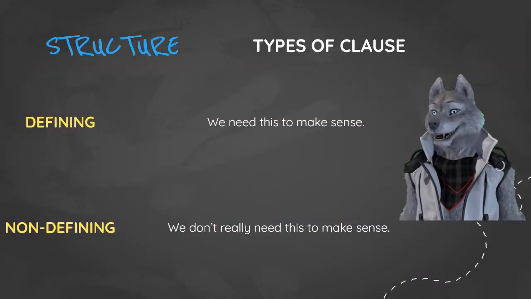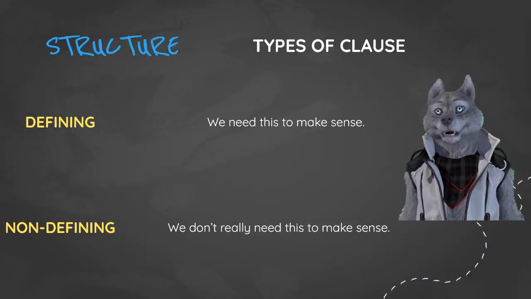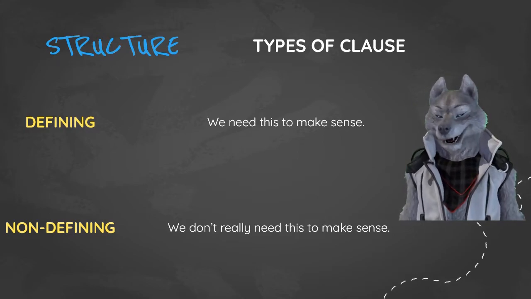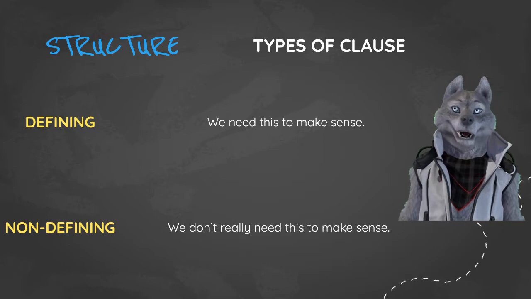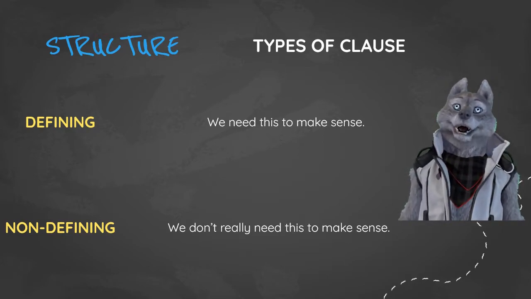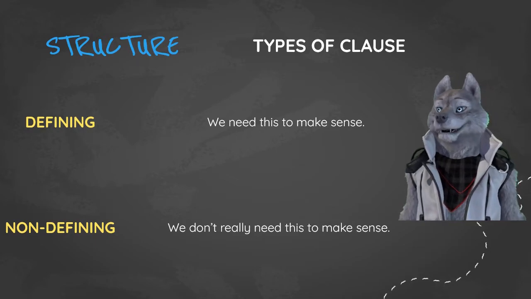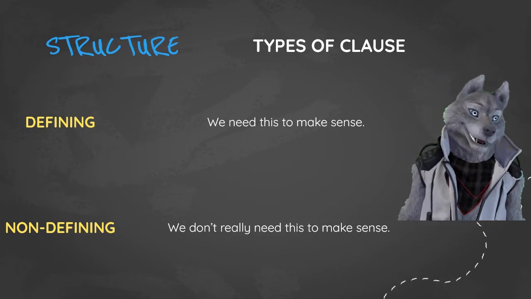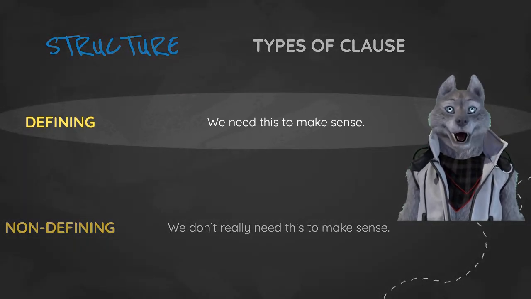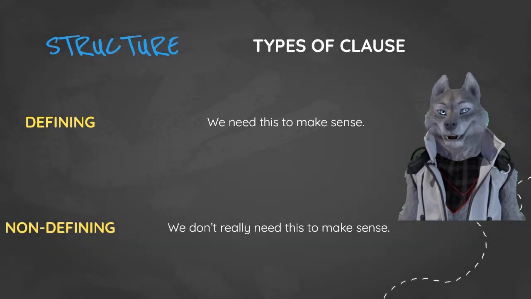Maybe you noticed this, but some examples had the relative clause between two commas and some others didn't have any commas at all. Well, it depends on the type of clause. And long story short, there are only two types of clauses in general: defining and non-defining. And it's pretty simple to know the difference. Defining means that we need the clause to make sense.